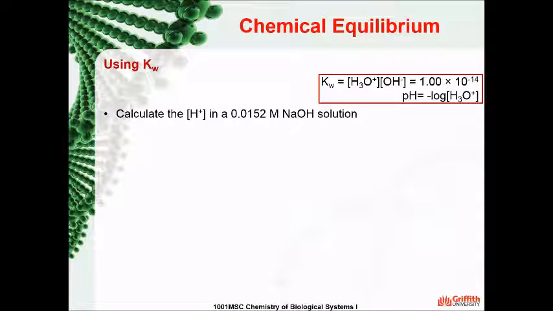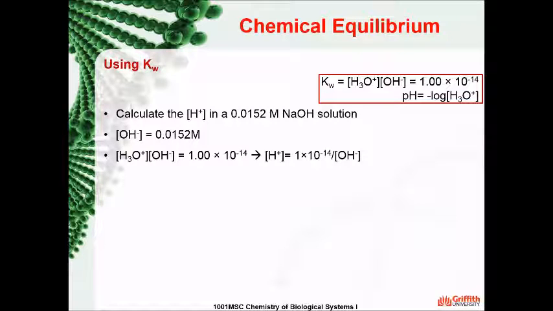Calculate the concentration of hydrogen ions in a 0.0152 molar NaOH solution. Sodium hydroxide is a strong base, and as we saw previously in Module 8, it will completely dissociate in water. So if we have 1 molar of sodium hydroxide, we'll get 1 molar of hydroxide ions and 1 molar of sodium ions. We have a 0.0152 molar solution, so the concentration of hydroxide ions is also 0.0152 molar.